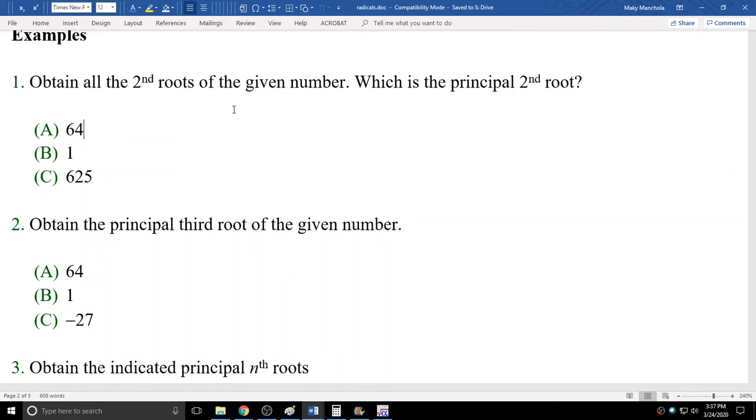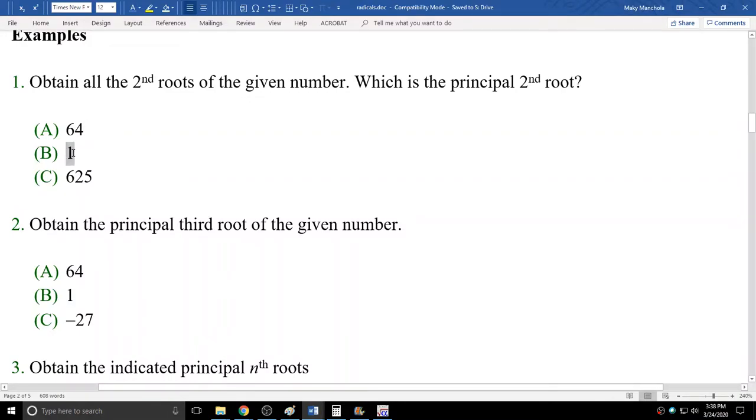Because 8 squared is 64, also negative 8 squared is 64. Which is the principal second root? Which is the principal square root of 64? It has to be 8.